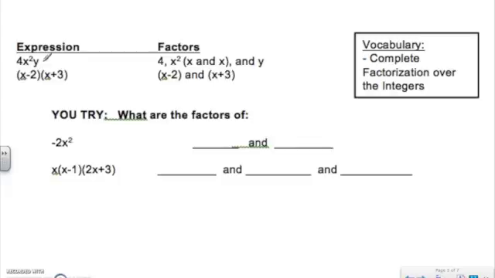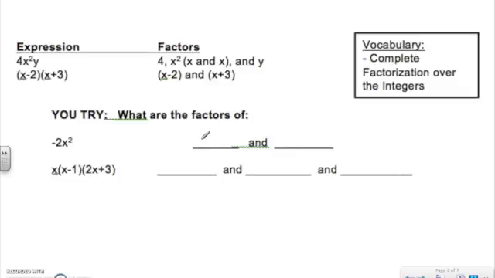We also looked at some in Unit 1 where we were multiplying a binomial times a binomial. In this case, we have x minus 2 times the quantity x plus 3. Each one of those would be a factor, and we can see them listed here. We want to look at what the factors of negative 2 and x squared are.